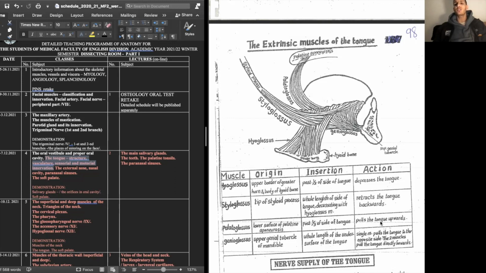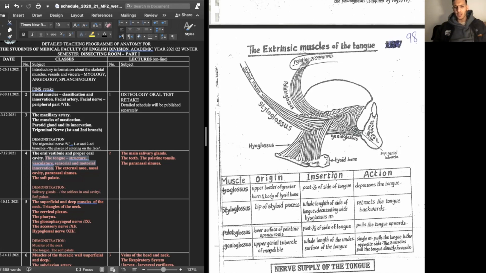And what it does is pull the tongue upwards. Of course, the origin is here. If it contracts, it pulls the tongue upwards. And palatoglossus forms the arches. There's some arches, and these are the arches that are formed. Genioglossus, it arises from the upper genial tubercle of the mandible and inserts in the whole length of the undersurface of the tongue.